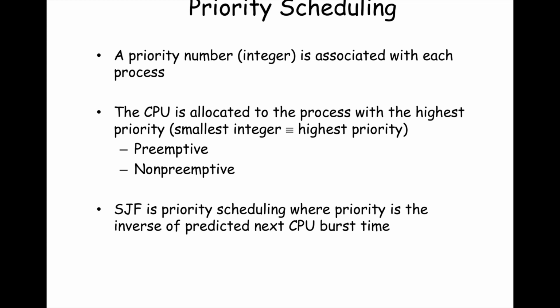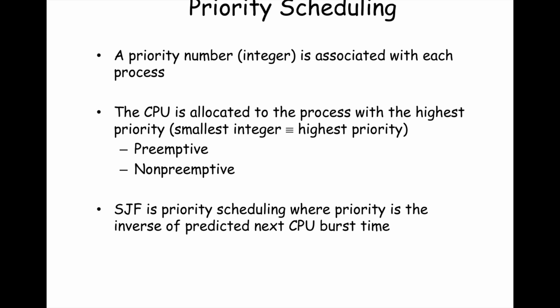If they're both sitting in the ready queue, the scheduler will always select P1 over P2 because it has a higher priority. One of the issues that can happen with priority scheduling is starvation, meaning that one of the processes, because it's lower priority, might not make progress until the other processes have completed in their entirety.